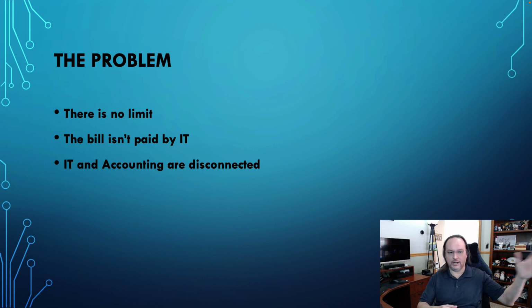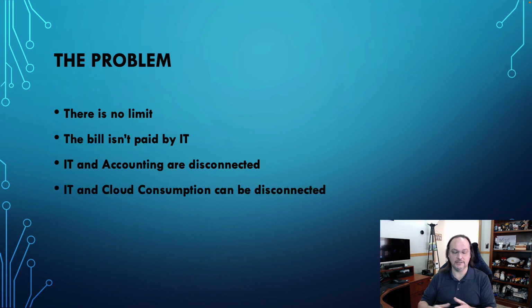It gets put onto an accounting, a continual PO, credit card, what have you, and there's a big disconnect there. So as these costs ramp up and down, it's the accounting people that are paying it, not the IT people. And that is a real big deal because you don't see the impact of what you're doing versus what's actually being paid out. And that can be a really nasty surprise.